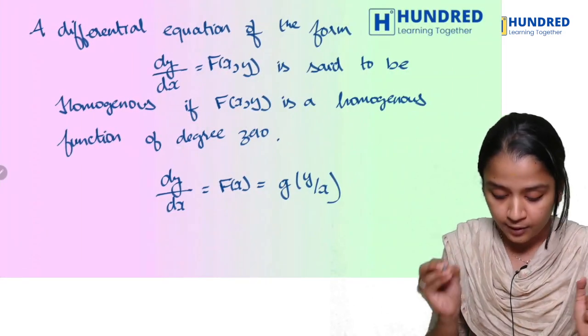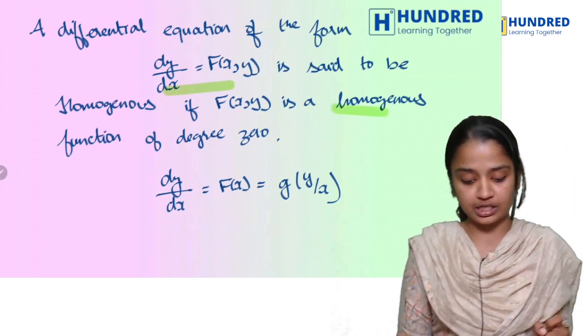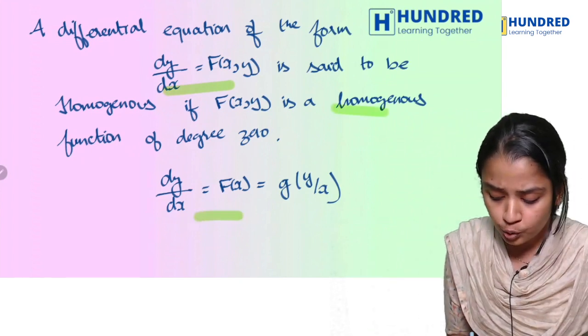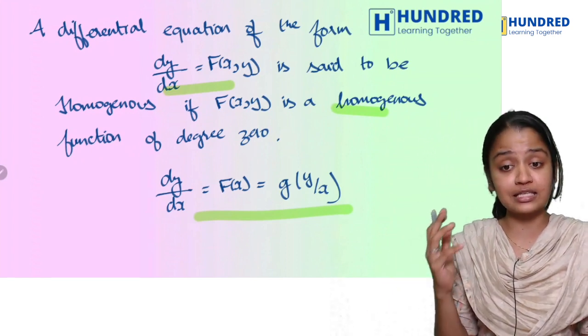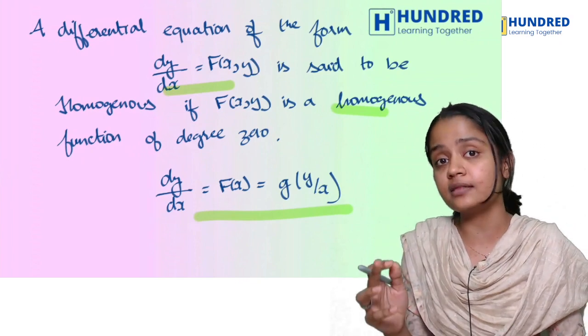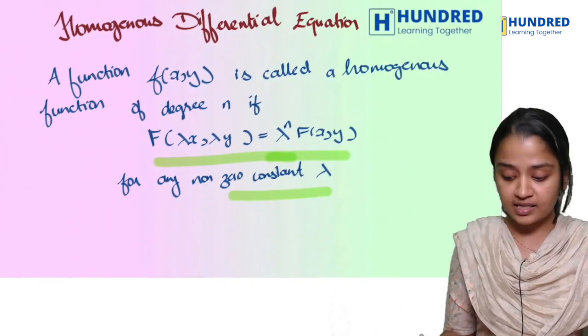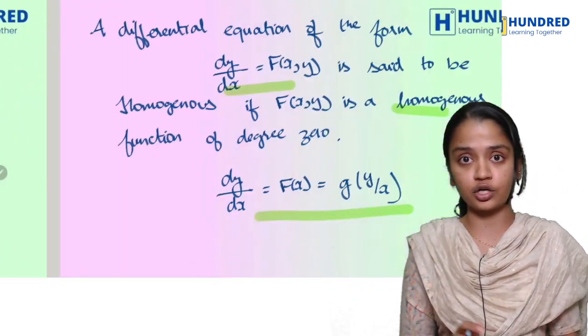A differential equation is said to be homogeneous if you are able to write dy by dx equal to g of y by x, so basically it will be in terms of y by x. If you are able to separate the lambda, you can tell it is a homogeneous function.